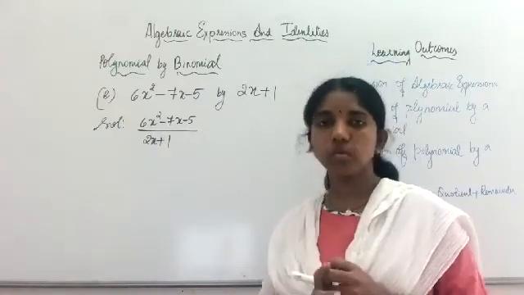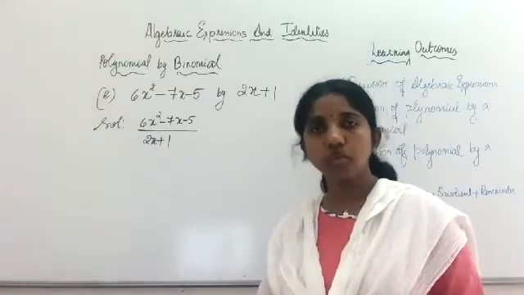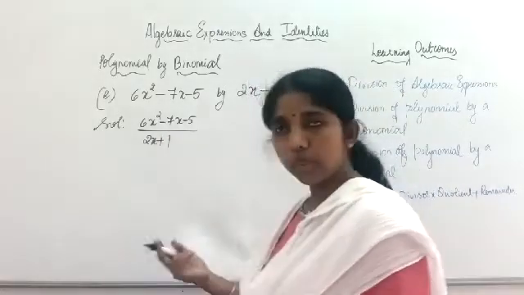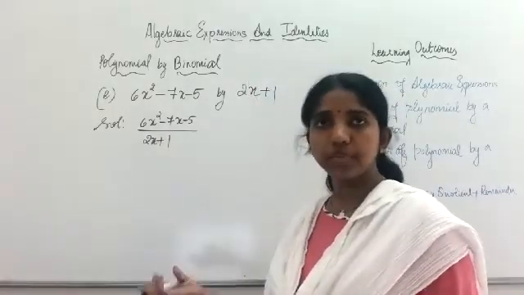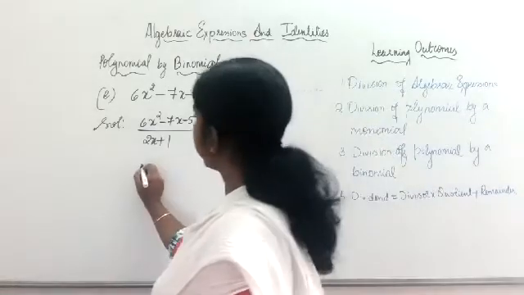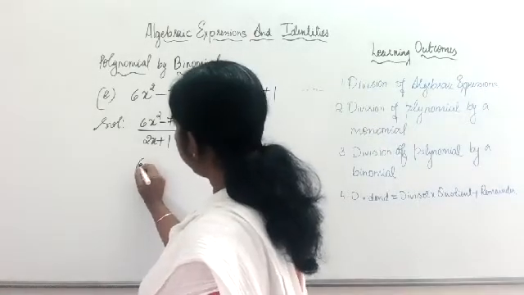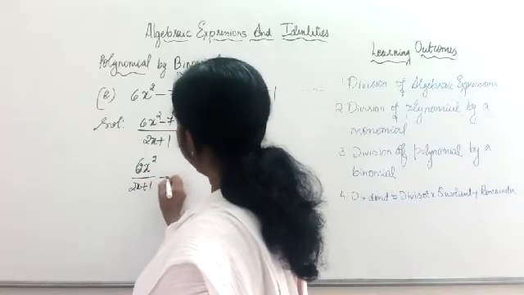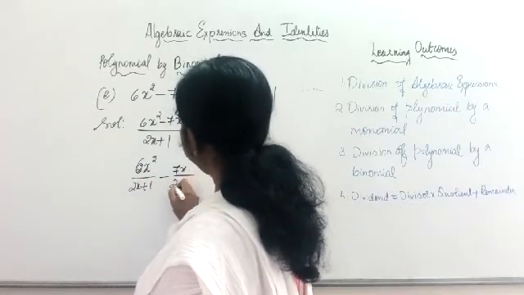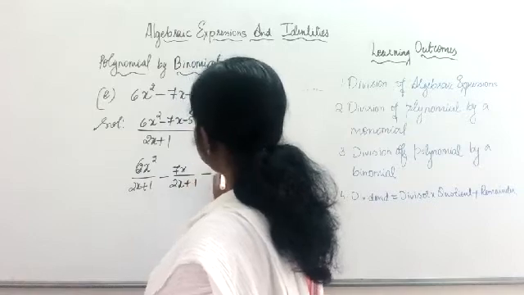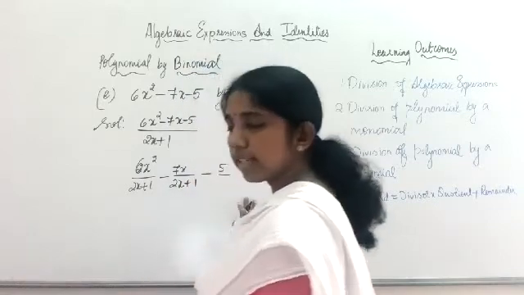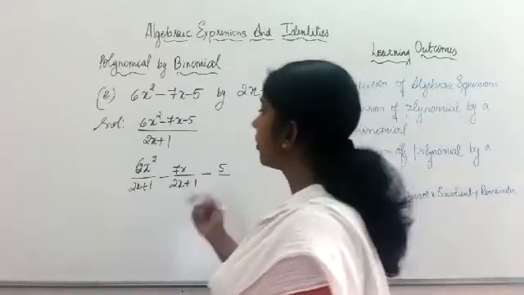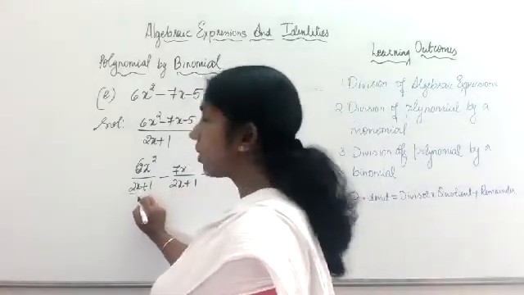Now, can we do this one? No. Each term, if you do it also, as I have told you earlier, 6x squared divided by 2x plus 1, minus 7x divided by 2x plus 1, because each term is divided by the denominator. So if you write it still, you don't know how to do it because there are two terms.